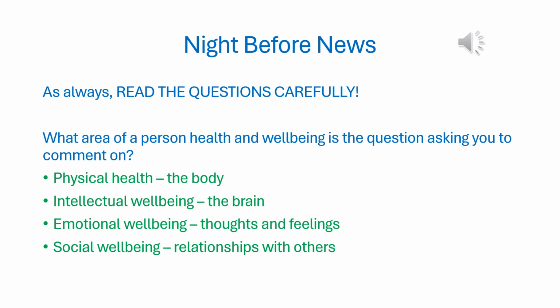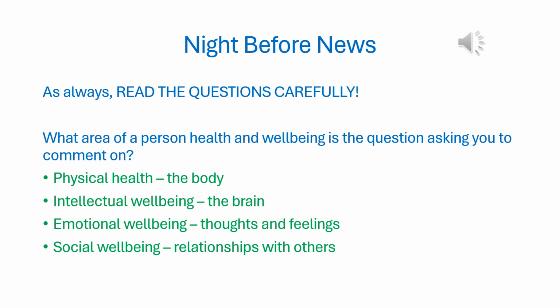Okay, if it has a question, what are the positive impacts of going to school on intellectual well-being? It's asking you to talk about the brain. Okay, if you talk about a different area of the PIES, you might be correct, but it's not what the question's asking you, so you won't be awarded the mark.